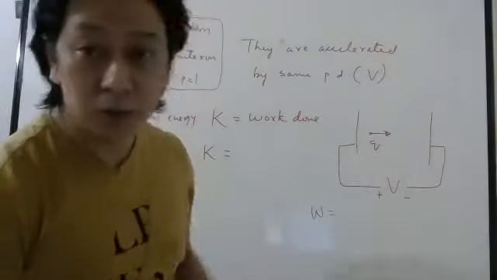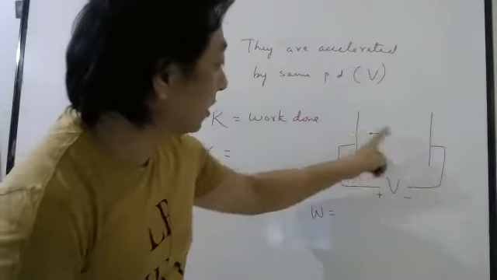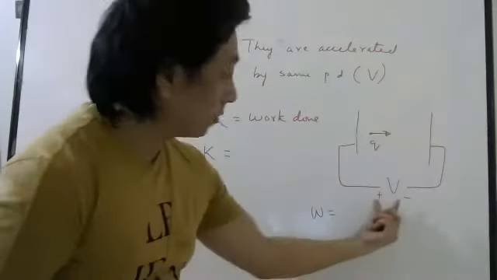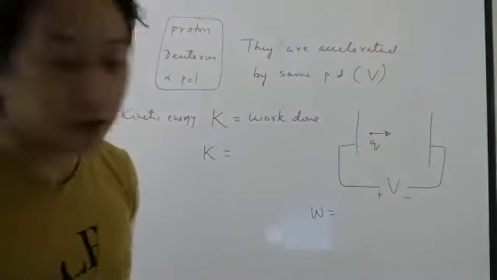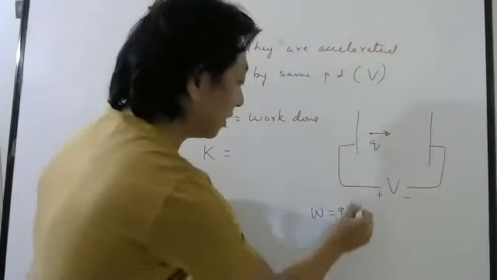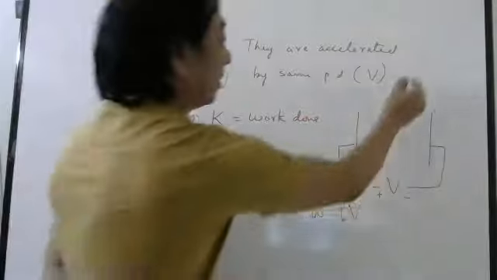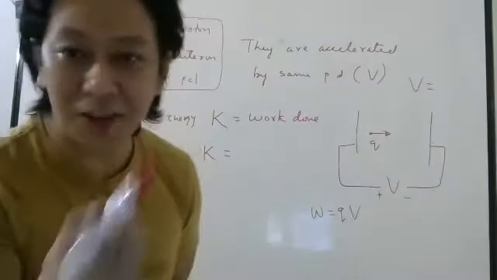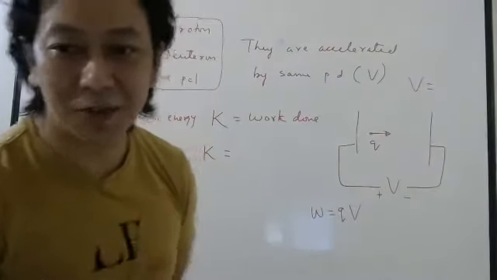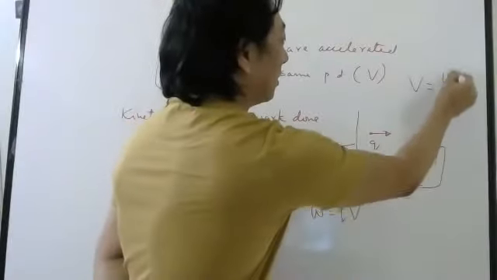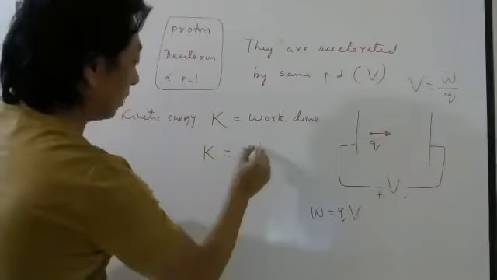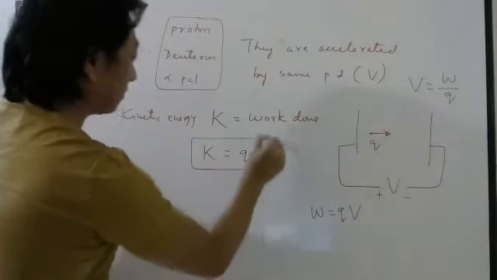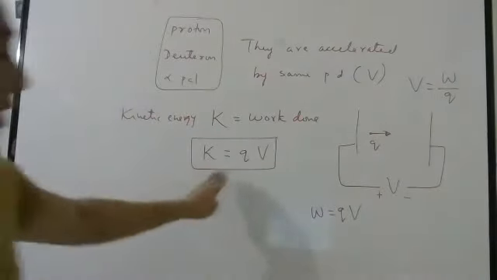If charge Q is going from this terminal to this terminal through a potential difference capital V, what is the work done? Q into V, right? Why? Because what is V? Potential difference definition is work done per unit charge. So kinetic energy will be Q into V. So keep this formula in your mind.